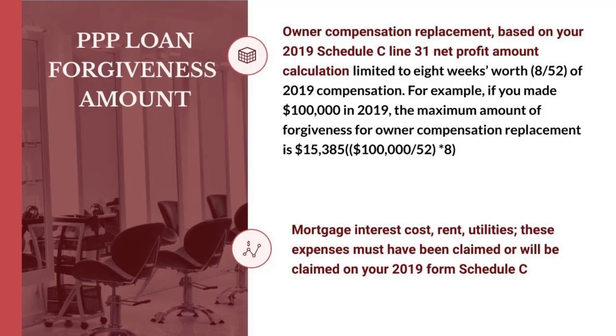As a booth renter, you don't have utilities, because your utilities are pretty much included in the rent that you pay. So really, the mortgage interest cost and utilities are more or less for an individual who is renting a space, whether you're renting a salon suite or an actual building.